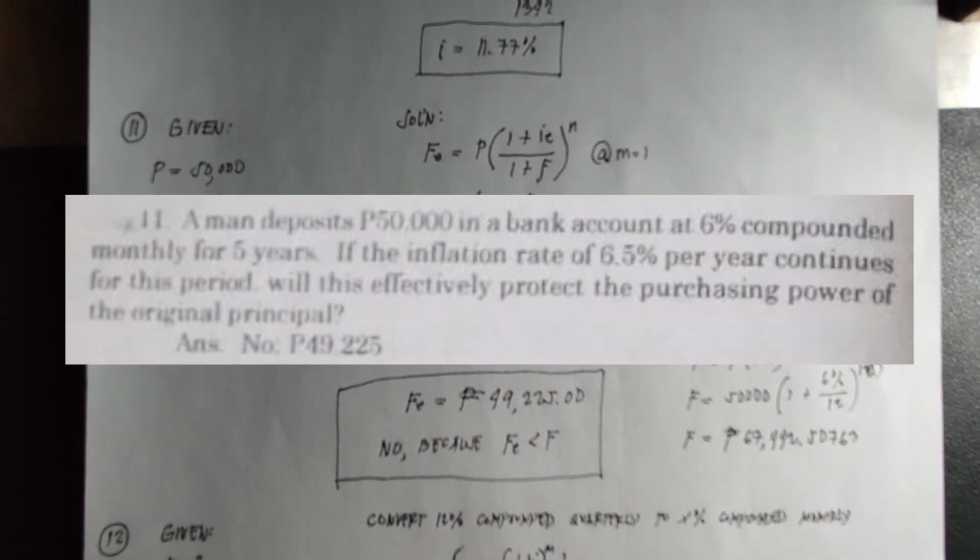So number 11, a man deposits 50,000 pesos in a bank account at 6% compounded monthly for 5 years. If the inflation rate of 6.5% per year continues for this period, will this effectively protect the purchasing power of the original principal?